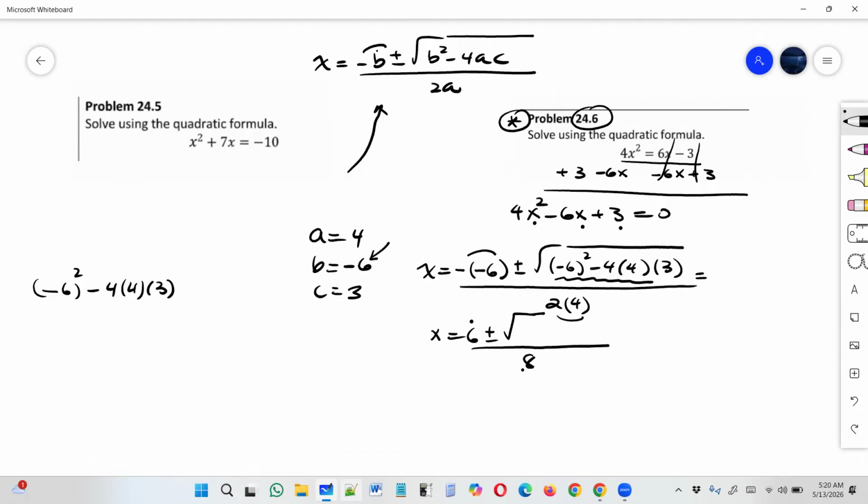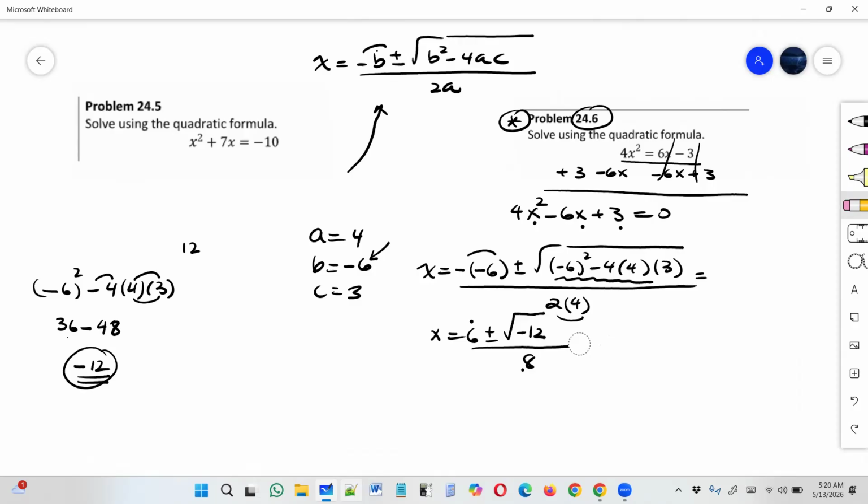So this is -6 squared is 36 minus this 4 times 3 is 12 times the 4 is 48 with a negative. All right, we can check, this is 12 times 4, 48. Now I have 36 minus 48, which is -12.